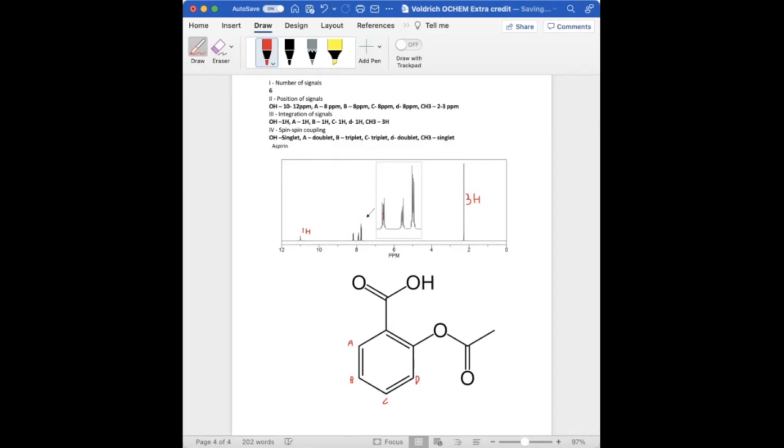And because it registers as a quartet, we can assume that there was some coupling interaction since we have no quartets. And it most likely is our doublet from carbon A, since it's the furthest downfield, since it is next to a carboxylic. So this will be A, and it'll have an integration pattern of 1 hydrogen.